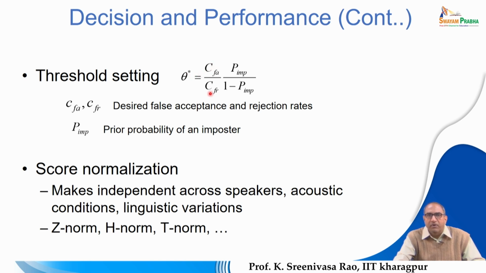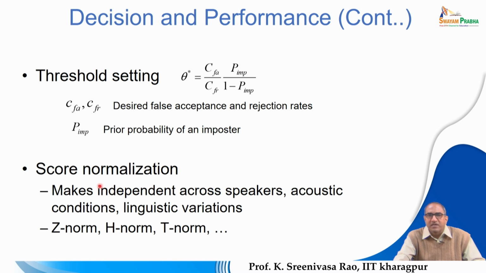These are the desired rates of false acceptance and false rejection. And PIMP is nothing but the prior probability of an imposter. So, using this formulation you can set the threshold.